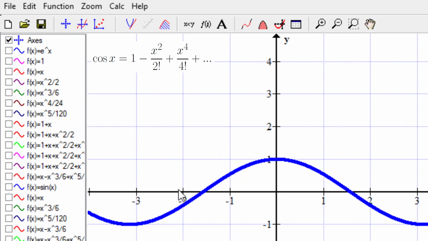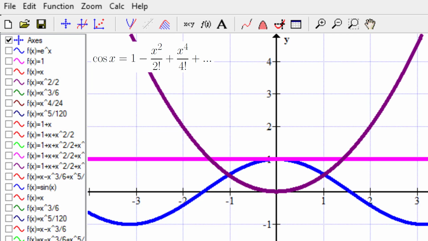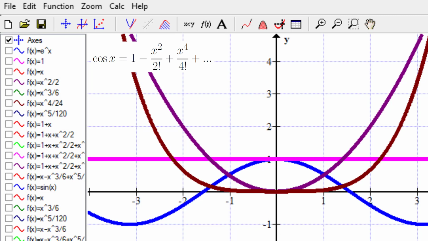Okay, now cos x is equal to, let's say, the very first term, which is 1, and then x squared by 2 factorial, so it's completely different from that. Then x to the 4 by 24, meaning x to the 4 by 4 factorial. So we are having the functions like this, the individual functions.